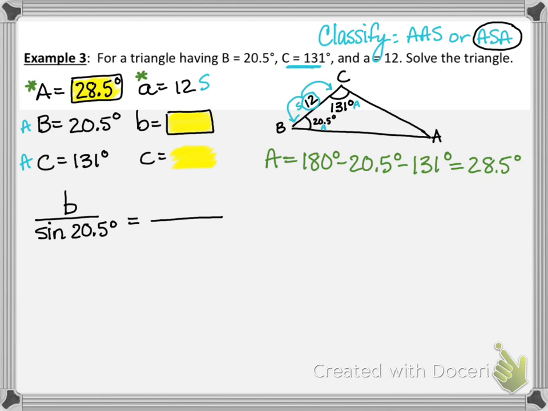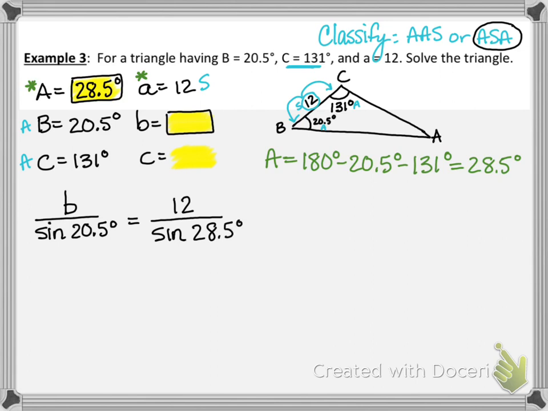So if I have a lowercase here, I have to have a lowercase here. So my lowercase here is going to be a 12, and sine of its corresponding angle, which is 28.5 degrees.